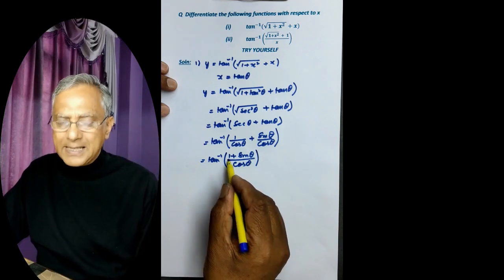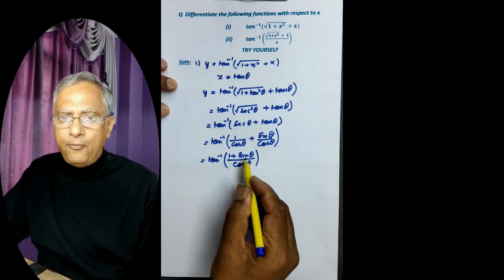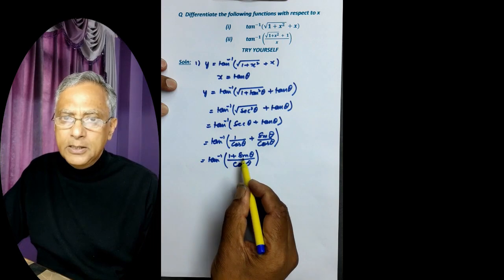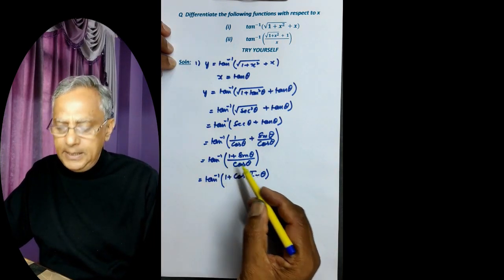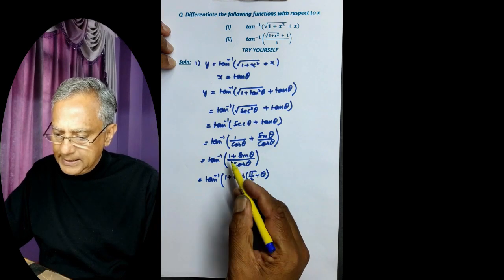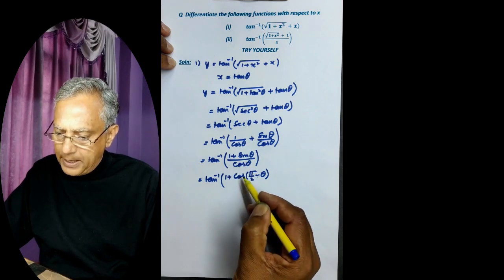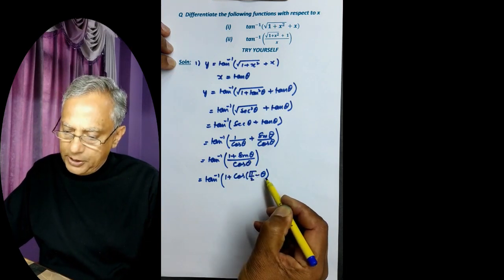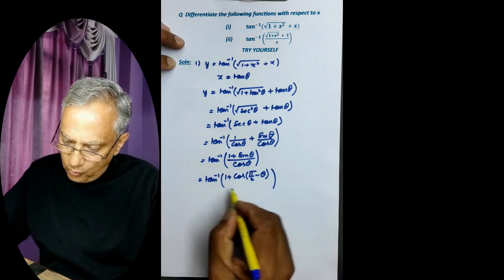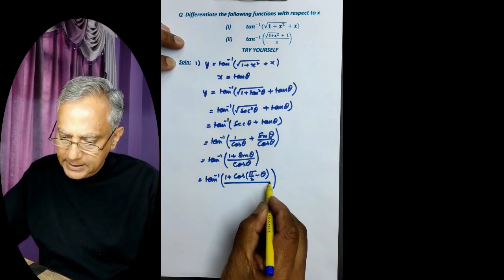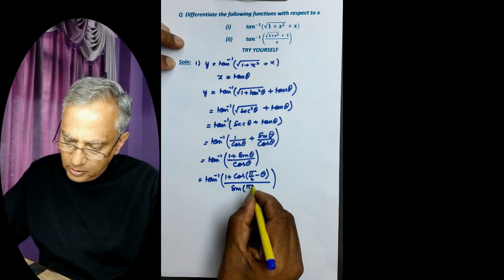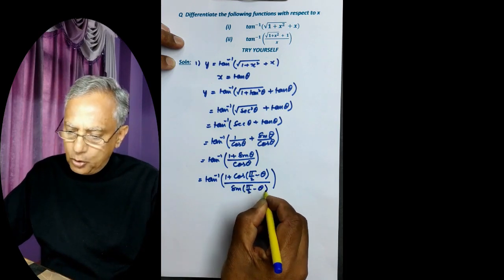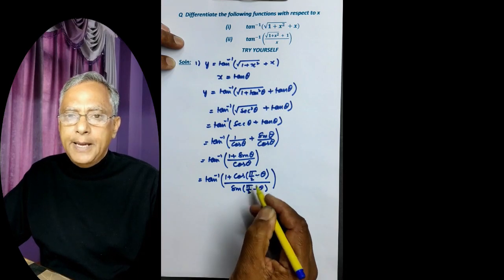Now no formula for 1 plus sin theta is available, but we have a formula for 1 plus cos theta. So what we do is we write this as 1 plus cos of pi by 2 minus theta over sine of pi by 2 minus theta. Both these angles should be kept same.